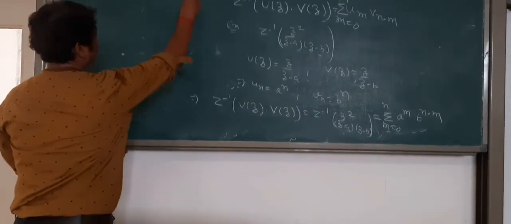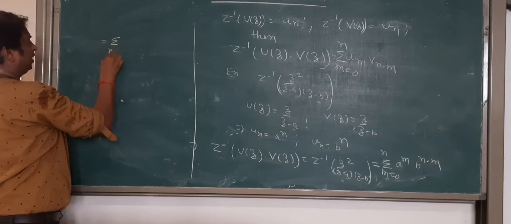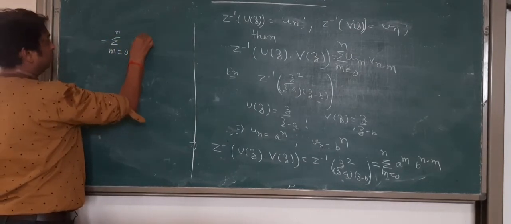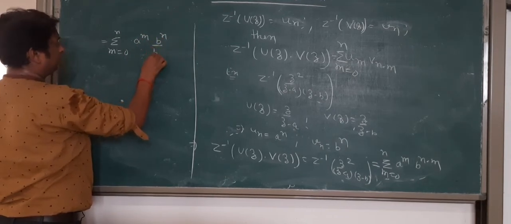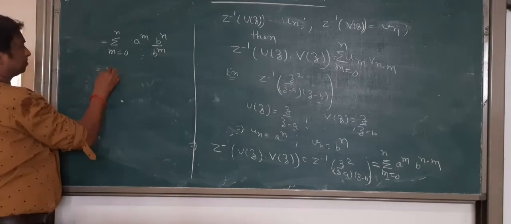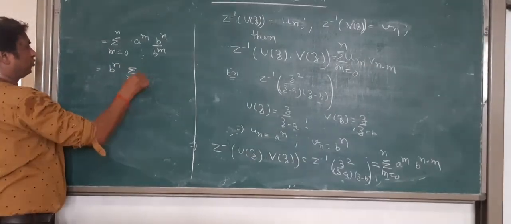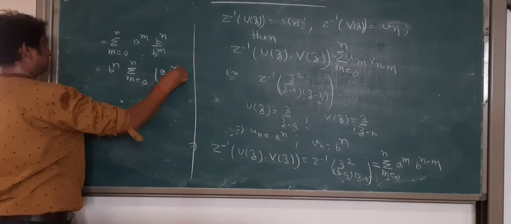Now simplify, find out the sum. This is a to the power m, b to the power n, and b to the power minus m, so b to the power n outside, summation m varying from 0 to n of (a upon b) to the power m.